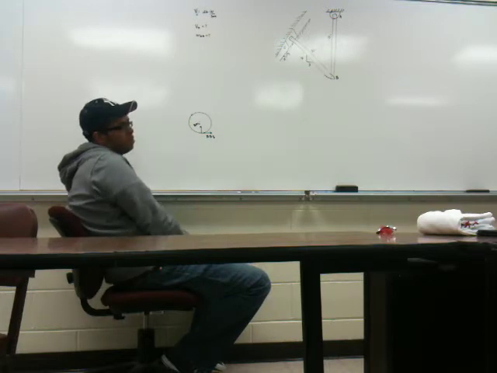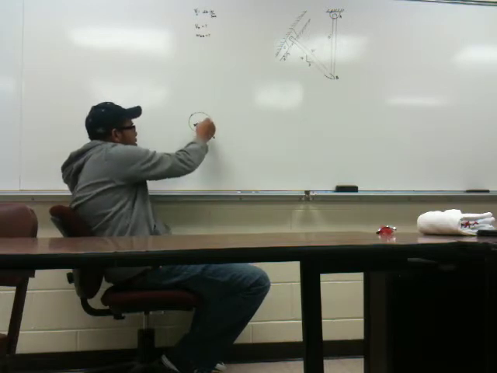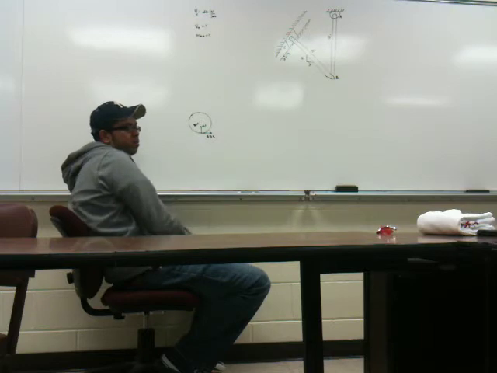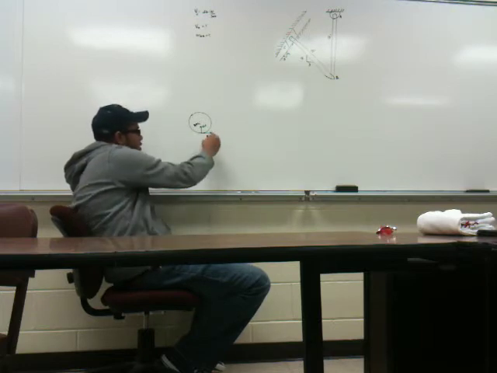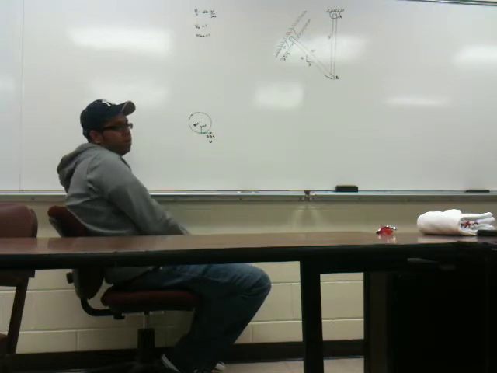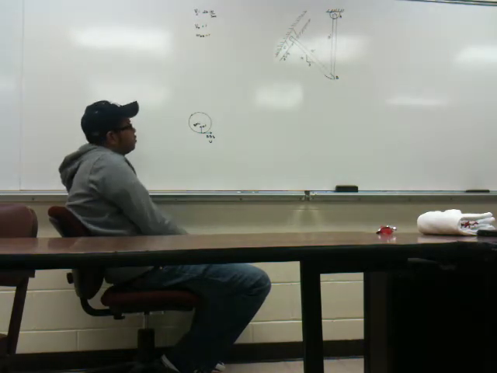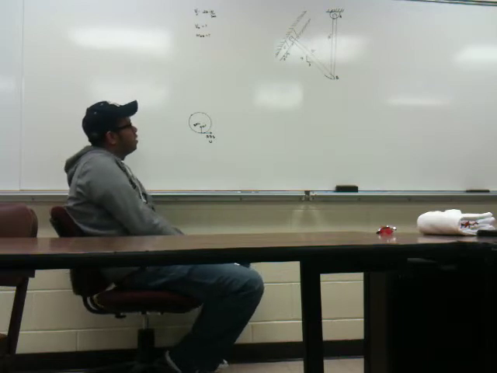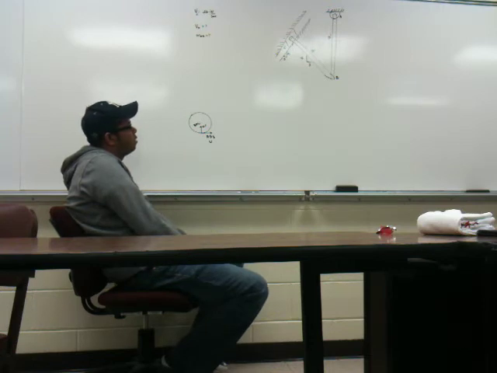So basically omega, which is angular velocity, is going to be relative, and v, which is linear velocity, is going to be your tangential. Good? So now looking at this, what's the absolute velocity of B with respect to A?